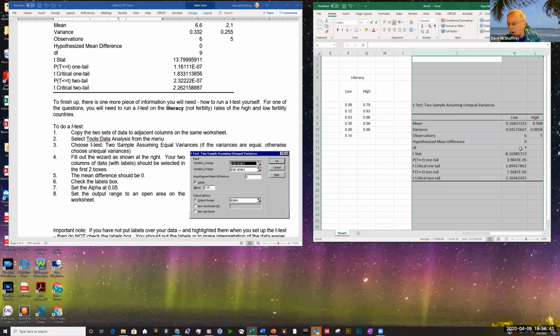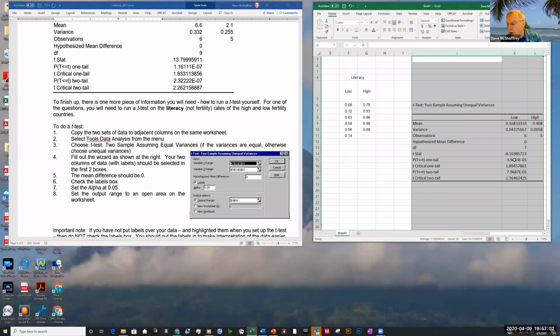Okay, now do we have a significant difference between the means? Ignore this negative sign. The fact that that sign is negative simply means that the second one was bigger than the first. So ignore that completely. 8.16 is bigger than our t-critical. Remember, we decided to use one tail. Okay, it's bigger than that.